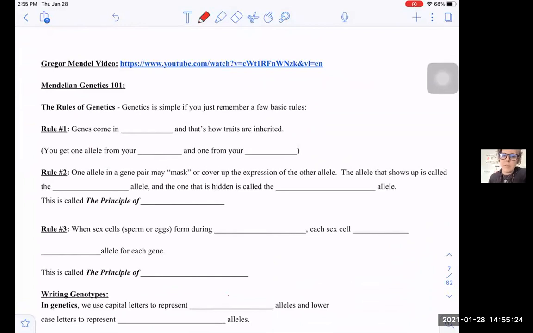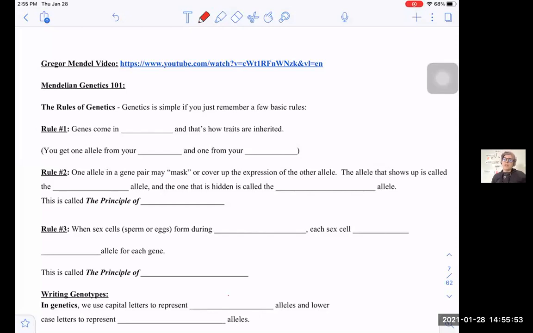And the reason we call him that is because he is the person who discovered the idea of dominant and recessive alleles. He was the one who noticed that one version of a trait can dominate and cover up another. He was the one who realized how you get a recessive trait to come back, reappear in the offspring.